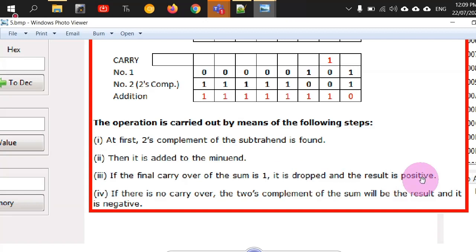It means that for the result you have got here, this red colored result, if you get a carry out of the outermost position after adding these two numbers, that carry is discarded. It is of no use. And whatever you get here is the number and it is positive, right?